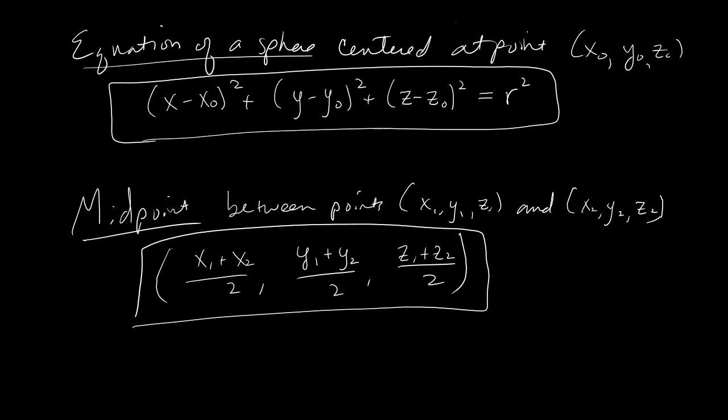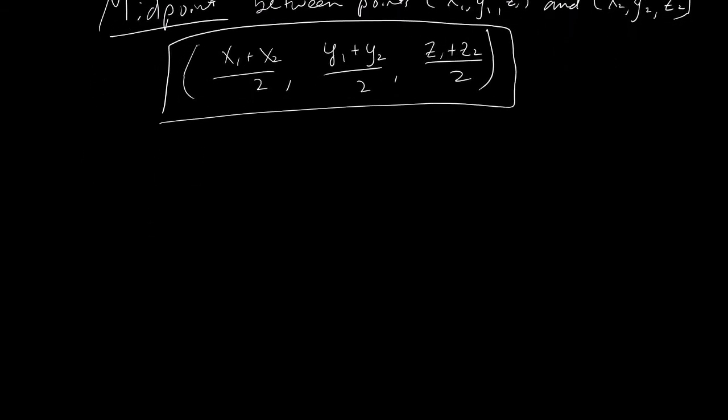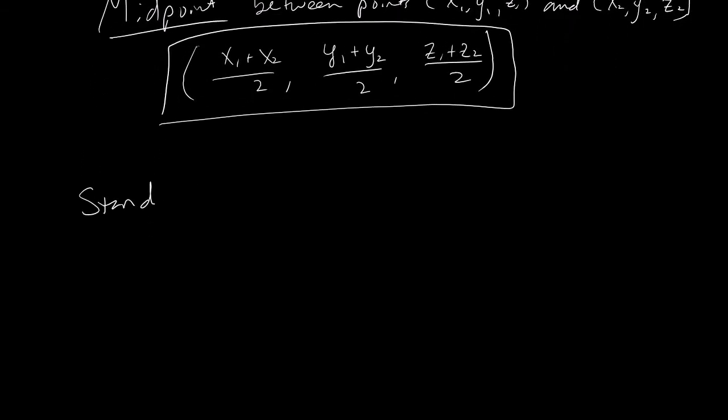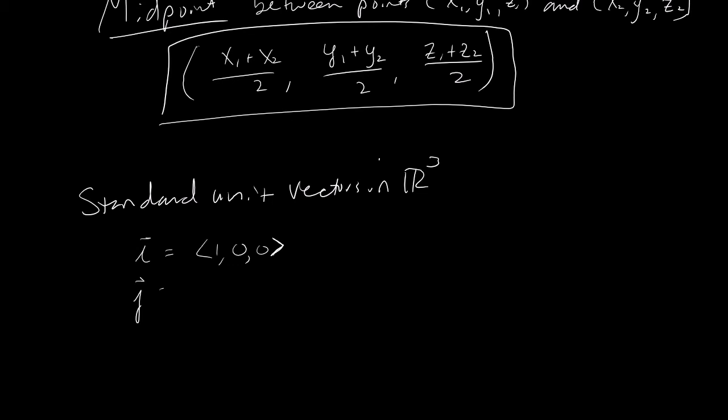Okay, so we are going to extend our standard unit vectors into 3 space as well. So our standard unit vectors in R3. So remember, the unit vector in the x direction was given by i, right? And it was 1, 0. Well, it's not moving in the z direction either, so the z component is also 0. j, same thing. We have 0, 1, 0 in the z direction.